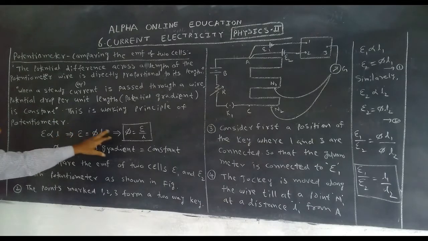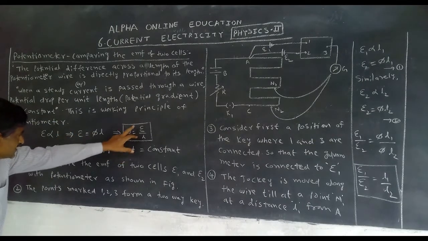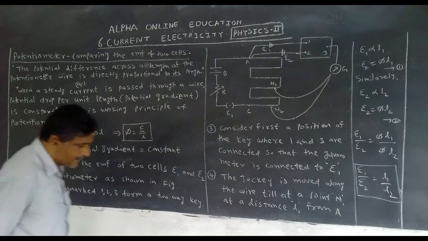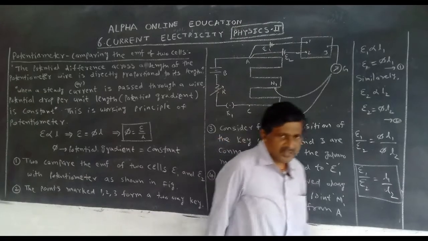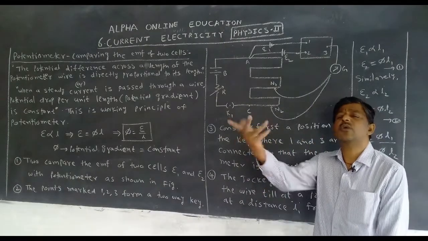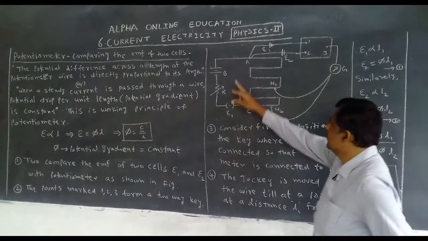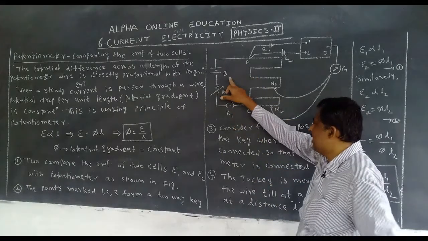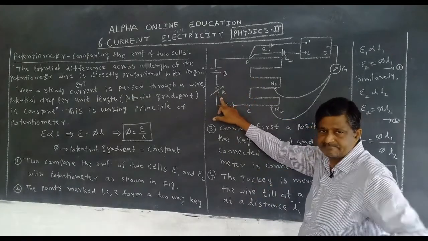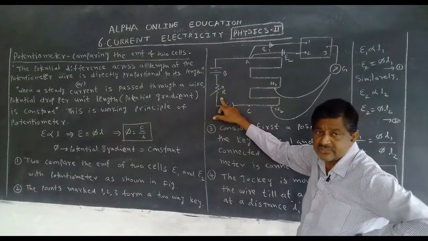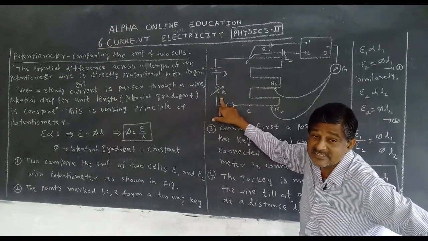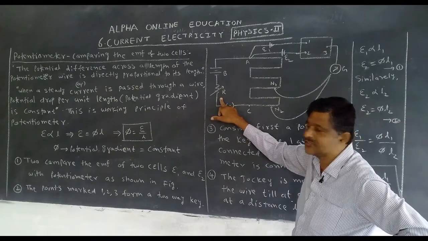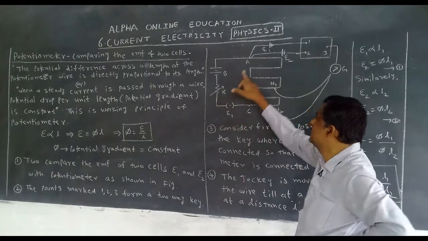This is called potential gradient, that is E by L. It is constant. Now we want to compare the EMF of the two cells. So what do we do? In the potentiometer wire between points A and C, we take one battery and a variable resistor. In the notes I have given to you, check the previous videos. This is called a variable resistor.